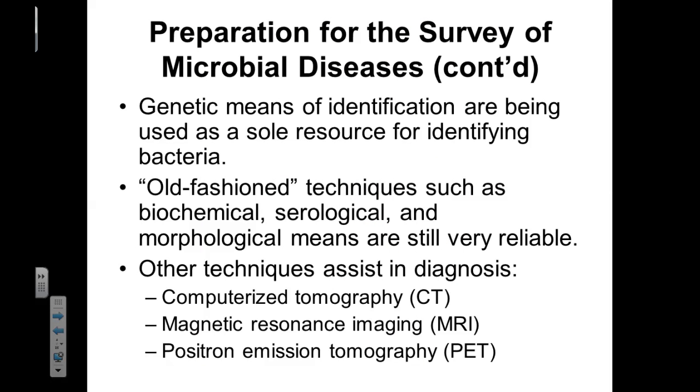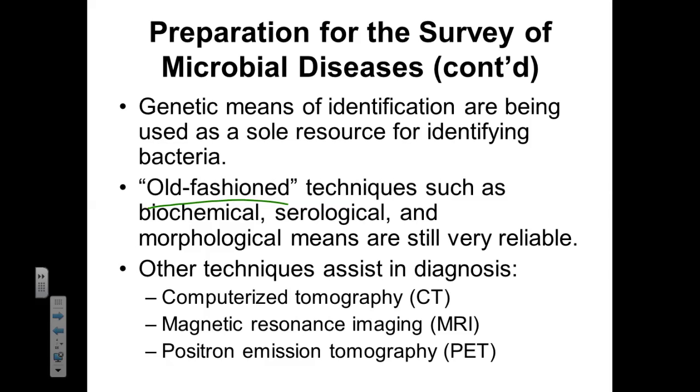If we look at our genetic means of identification, this right now is the gold standard. This can stand alone, and most labs right now rely on rapid PCR and genetic analysis. Traditionally, with our old-fashioned techniques, we would use those biochemical assays, so whether or not the bacterium would live in the presence of catalase, or whether or not it had produced coagulase, or whether or not it was gram-positive or gram-negative.